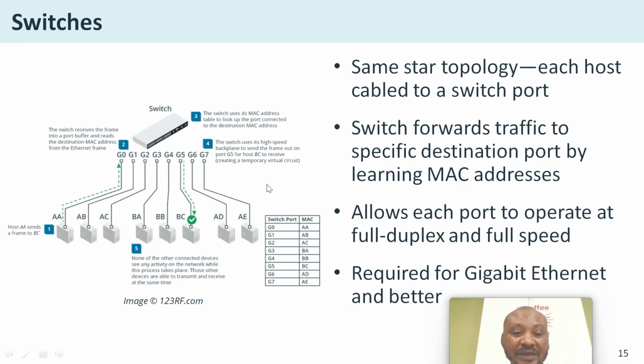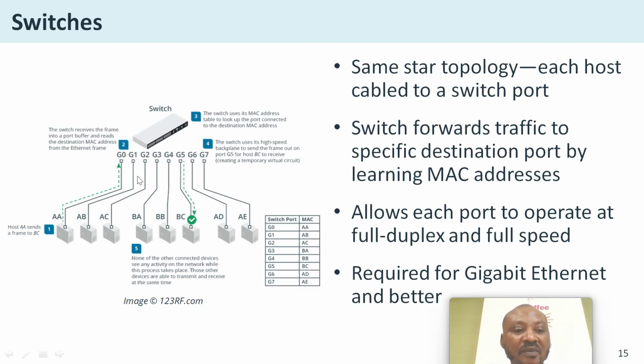When you go to a company, they're accessing the internet and working swiftly and efficiently because of the switch. Now, every port of a switch is on its own. That's why switches are called intelligent devices. Why do we say that? Because they create their own collision domain, unlike the hub where everybody is in one place.